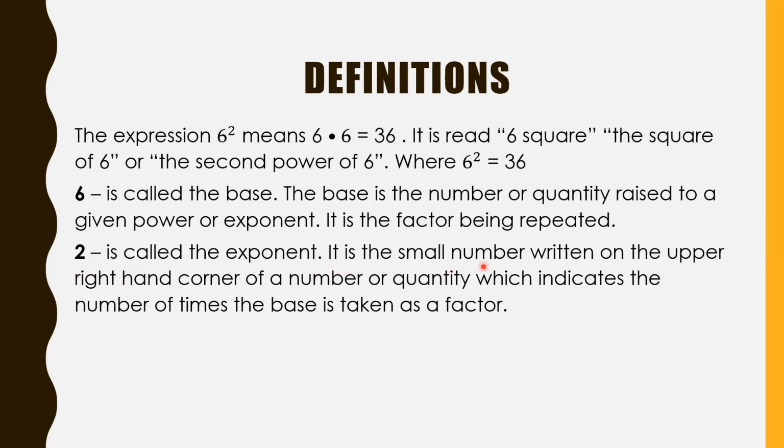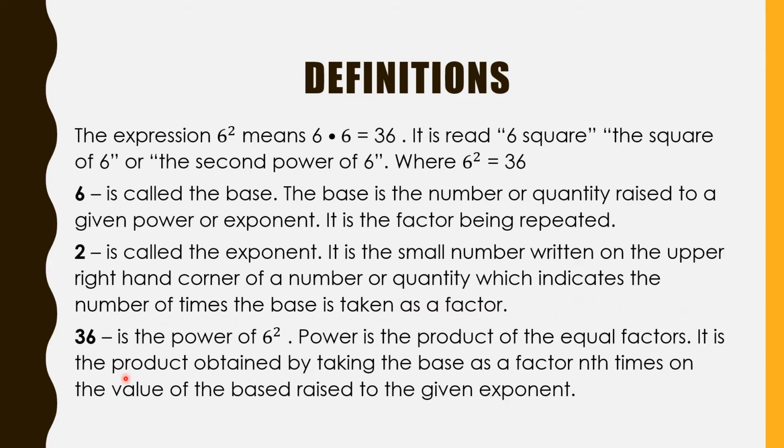It is the small number written on the upper right-hand corner of a number or quantity, which indicates the number of times the base is taken as a factor. 36 is the power of 6 squared. Power is the product of the equal factors. It is the product obtained by taking the base as a factor as many times as the value of the exponent.